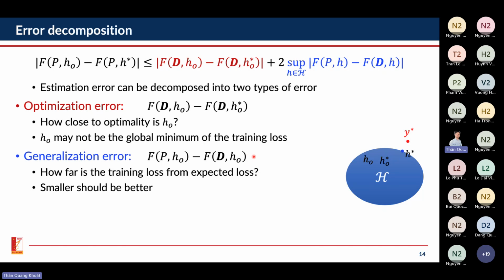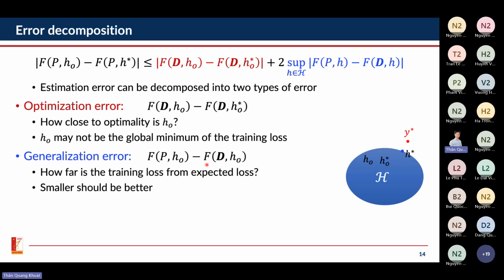How about generalization error? The difference between empirical error and the population error, sometimes we call this, okay? And of course, we want this quantity to be small, right?